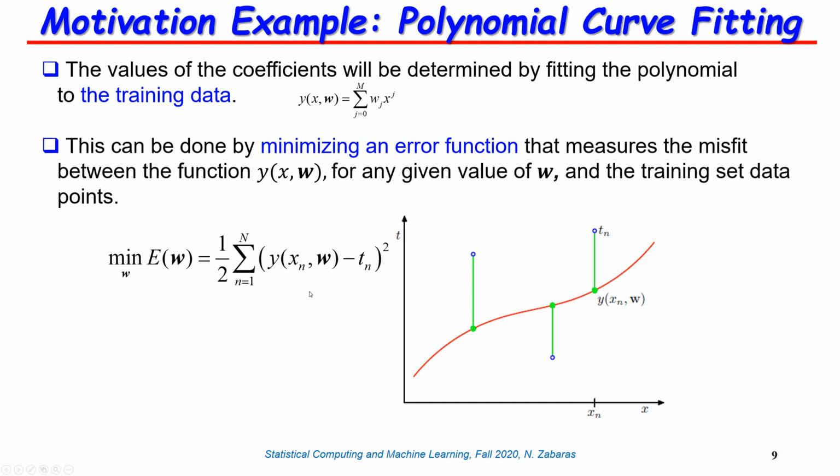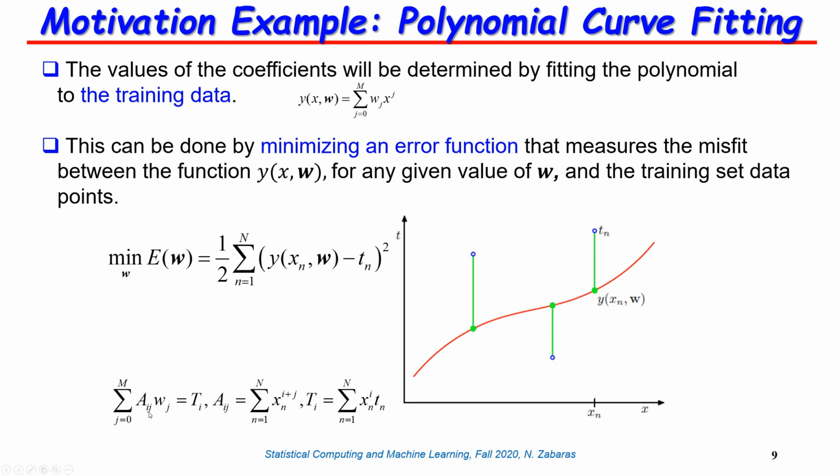And how do you compute the W's? You can take your assumed regression function in terms of these powers of x, plug it inside this error function, take derivatives with respect to each of the W coefficients, and form a linear system of equations, and that will be the least squares solution that you see at the bottom of this slide.